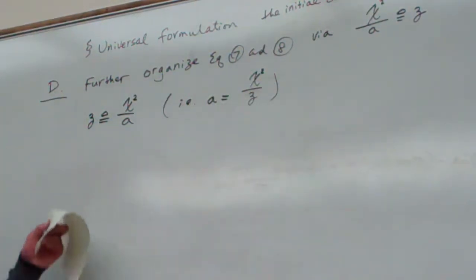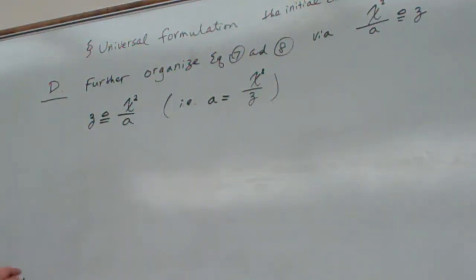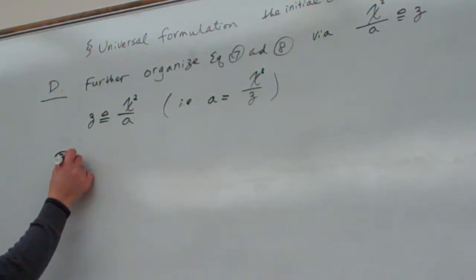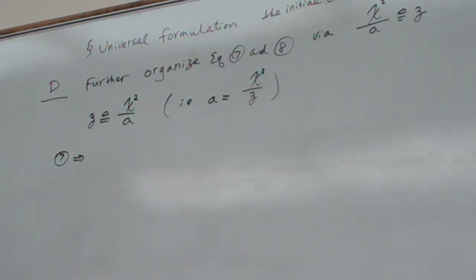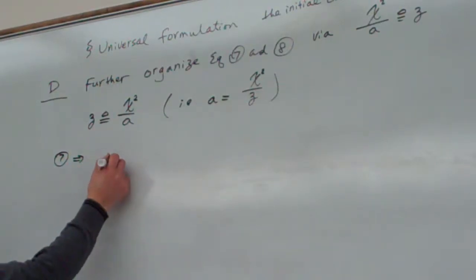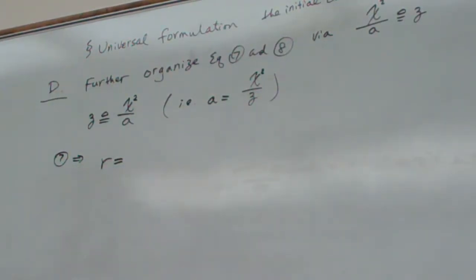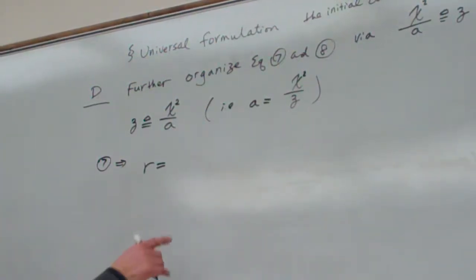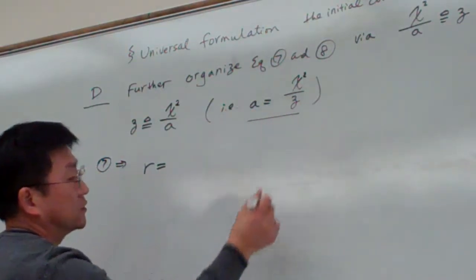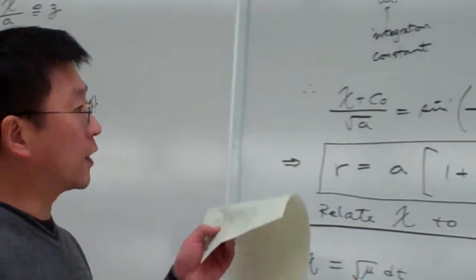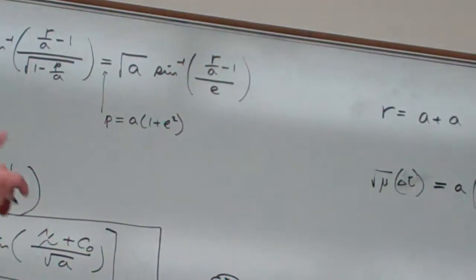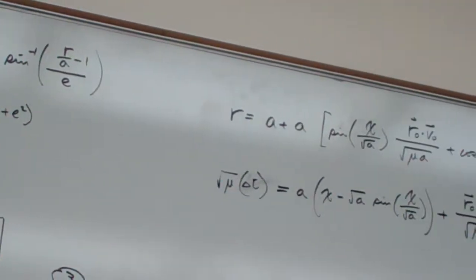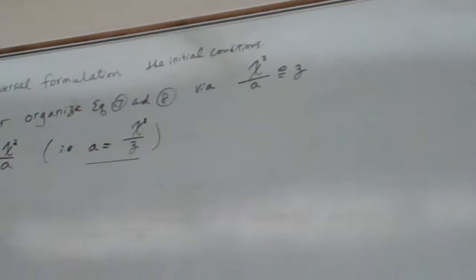So we are going to have those things replaced. Equation 7 becomes, we do this carefully, r equal to, we simply replace those things: a will be replaced by these numbers, and x over square root a will be replaced by z. So that is the result here.